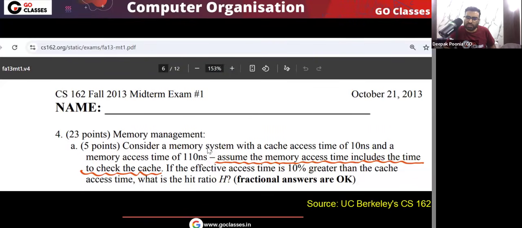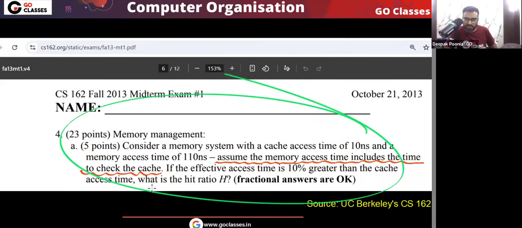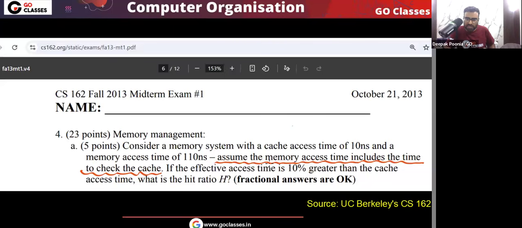It is a beautiful question because this assumption is given, so there is no ambiguity here. You can immediately solve it from the given information: cache memory access time 10 nanosecond, main memory access time 110 nanosecond, and the main memory access time includes the time to check the cache memory.